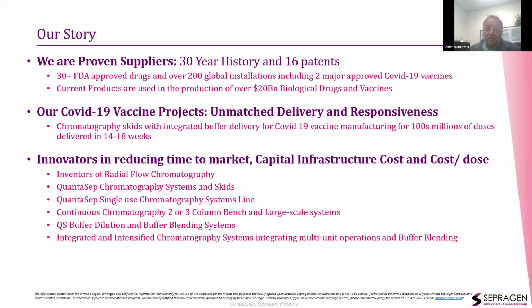We are inventors of radial flow chromatography, QuantaSep chromatography systems and skids, a whole line of them, single-use chromatography systems and skids, continuous 2 and 3 column systems, buffer dilution and buffer blending systems, and we were first in the world to do integrated and intensified chromatography. What that means is on the chromatography system itself, you can do buffer blending as well, so you don't have to prepare buffers separately, and we can integrate many unit operations on a single skid.